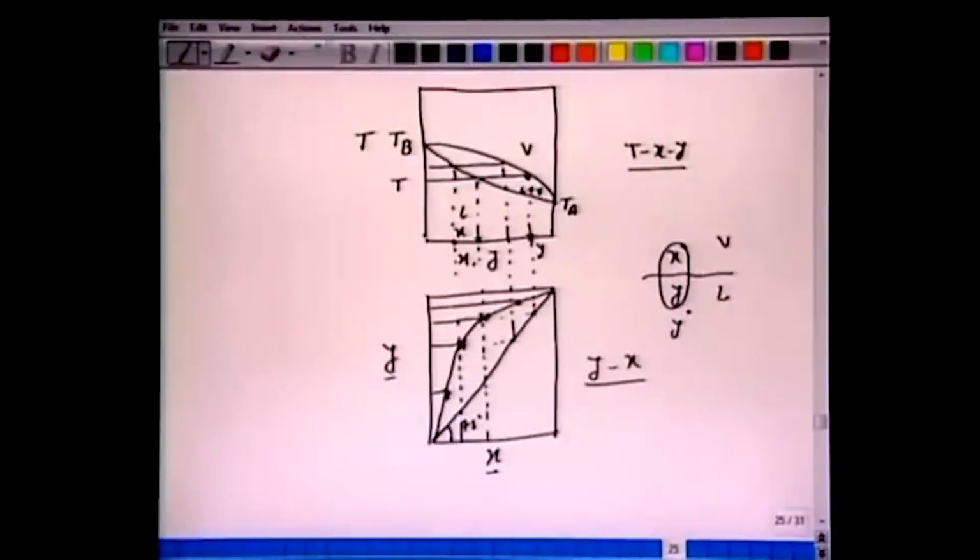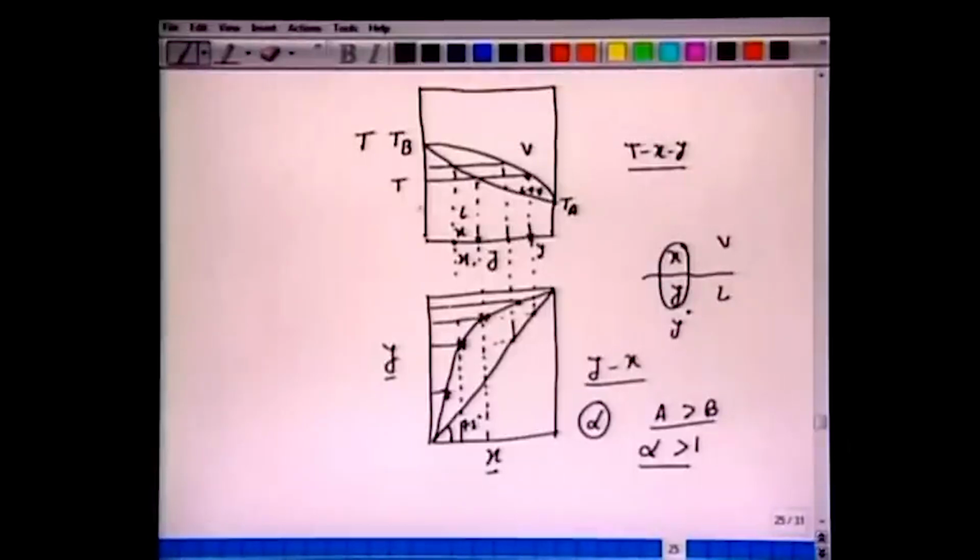We were talking about the relative volatility. If A is more volatile than B, you will expect that alpha will be greater than 1, and the more volatile A is than B, the larger alpha will be. Now if we want to plot this liquid-vapor equilibrium curve for a larger volatility, there will be more separation.